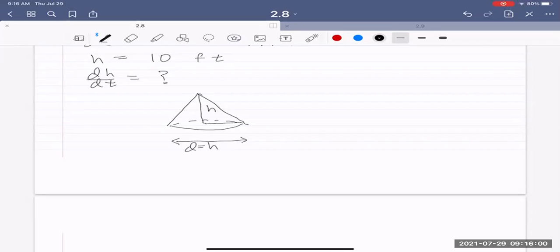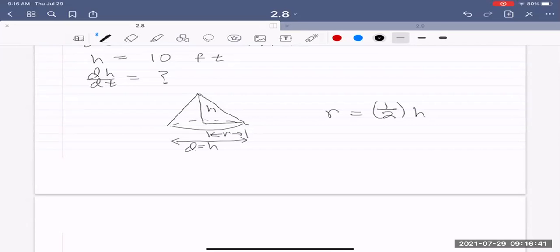Therefore, the radius is 1/2 the height, since the diameter is twice the radius.